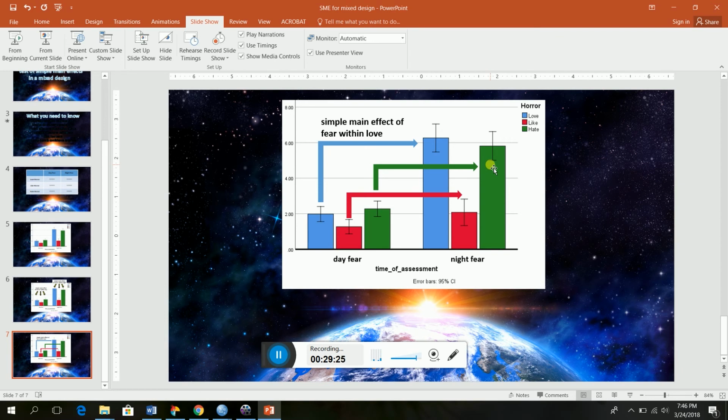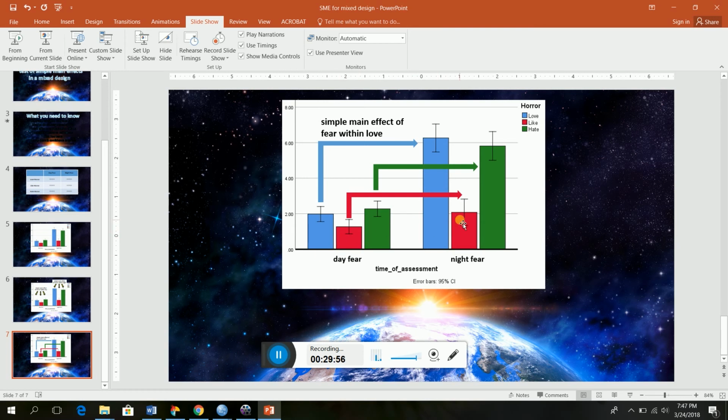So we have done all sorts of tests of simple main effects today. We have learned that through this last set of simple main effects, regardless of the group you're in, whether you love horror movies, like horror movies, or hate horror movies, everybody's fear scores increased significantly from day to night.